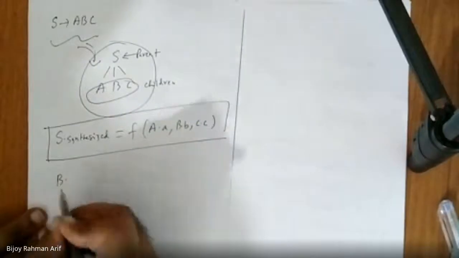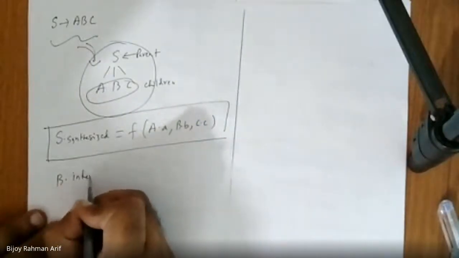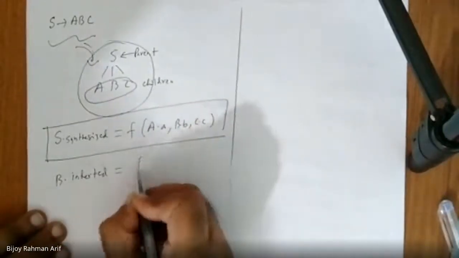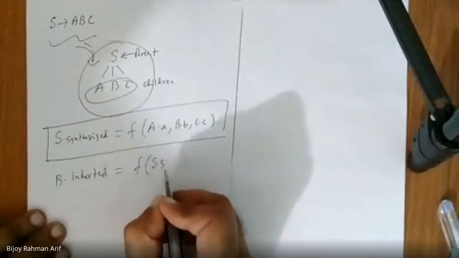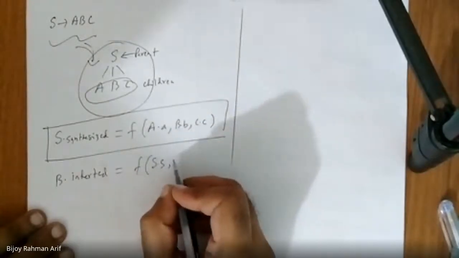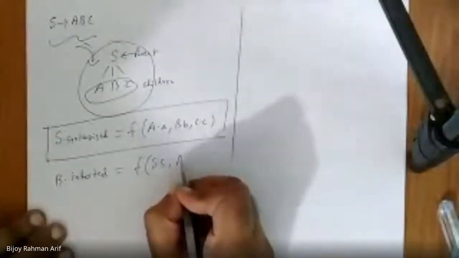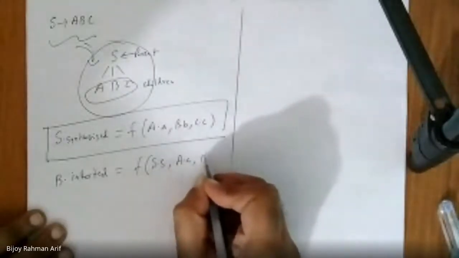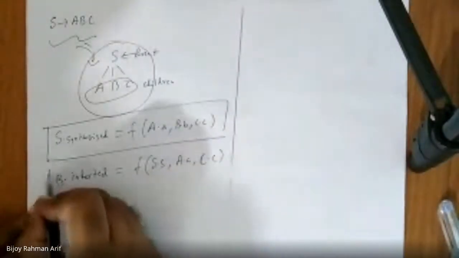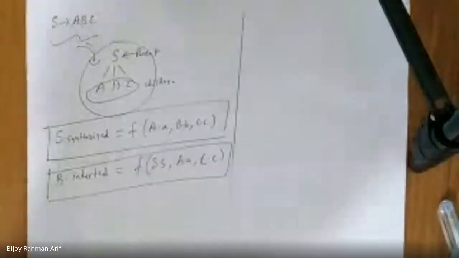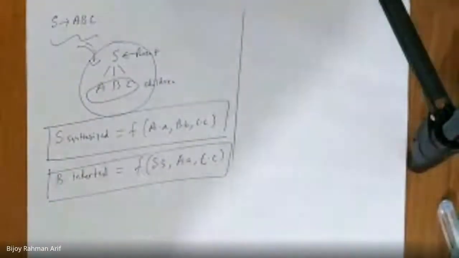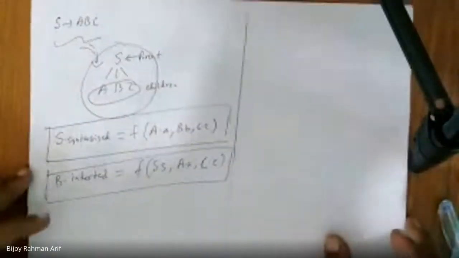B's attribute, B inherited, let's take B, is a function of S attribute, A attribute, and C attribute. So this is the definition of inherited attribute. Okay? Is it clear, guys?